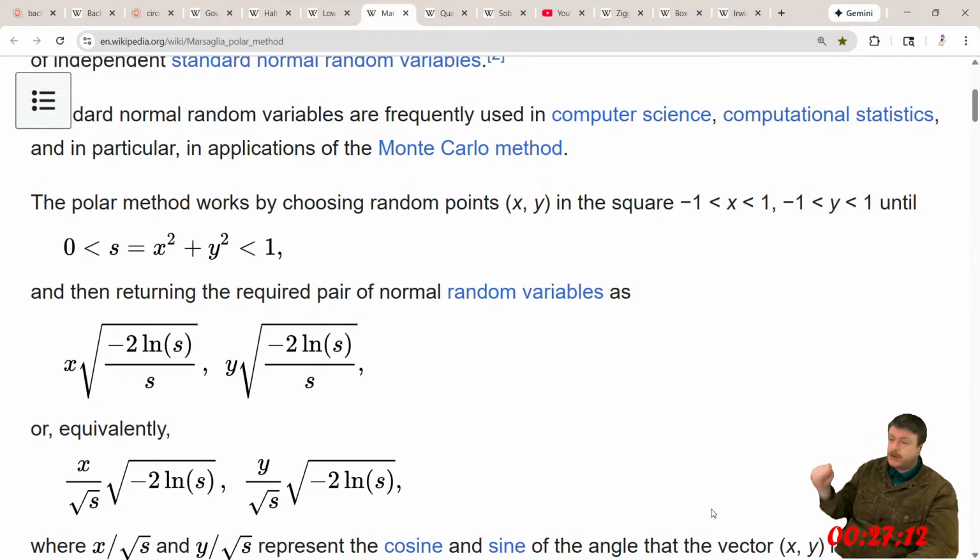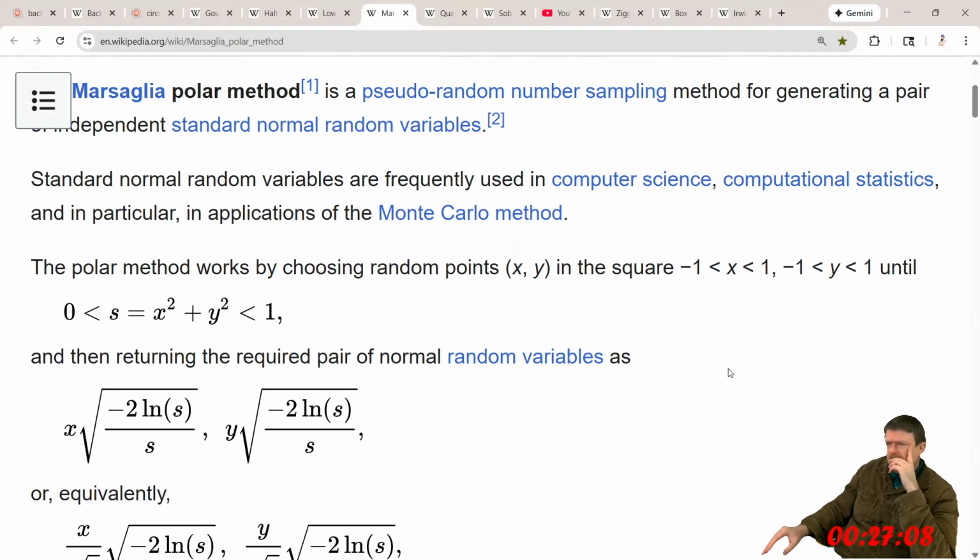Okay, so what are we doing? S, like S domain? Probably not S domain.